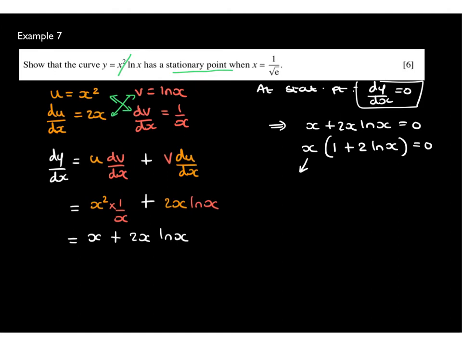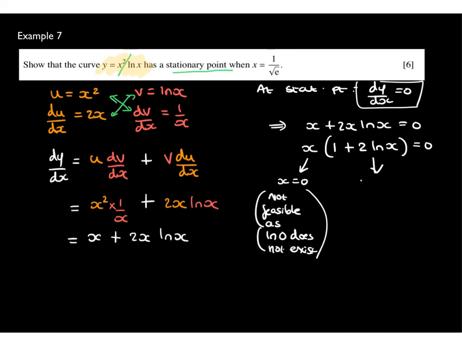Now, in theory, that gives me x equals 0, but that's not possible because we cannot substitute x equals 0 into this original equation here because we'd have to take ln 0, which is not feasible. So x equals 0, I'm going to say is not feasible as ln 0 does not exist. So we're ruling out that one as an option.